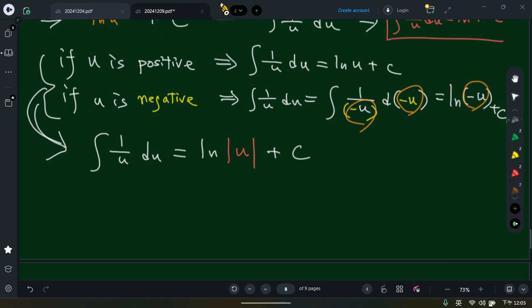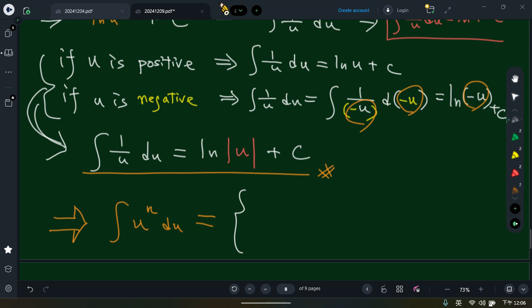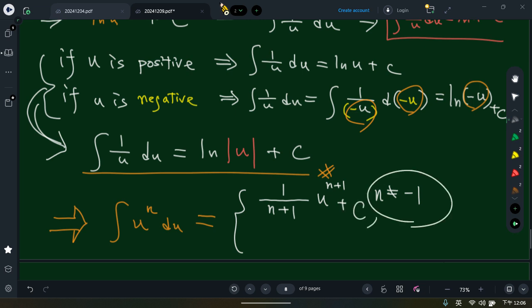So now, this is the first important result. And also we can conclude another result, integral u to the power of n du. In the past, do you still remember when n is not equal to negative 1? At that time, we already knew the result. It will be 1 over n plus 1 times u to the power n plus 1, plus c. Did you remember? For n is not equal to negative 1.